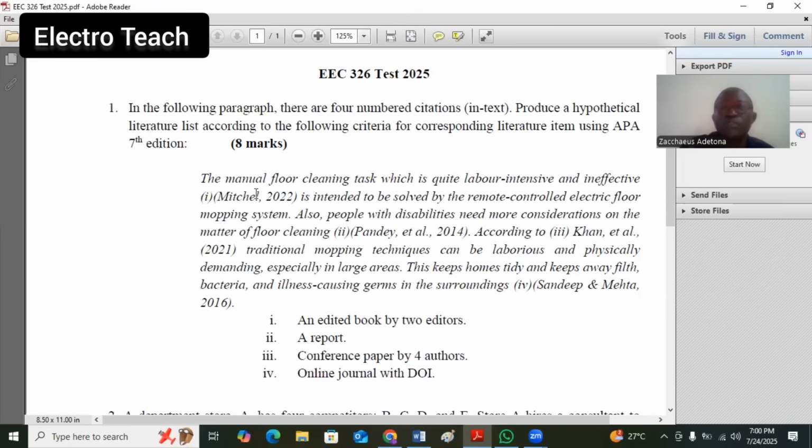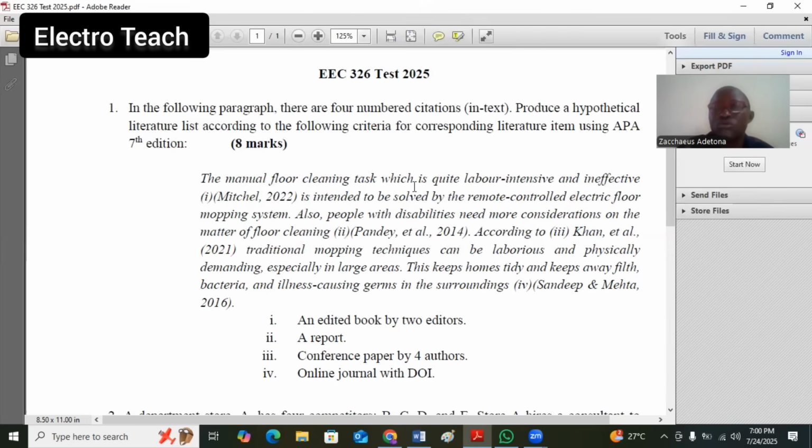So we have the paragraph. The paragraph states the manual floor cleaning task, which is quite labor intensive and ineffective. For citation is the Chair 2022. That's number 1. Is intended to be solved by the remote control electric floor mopping system. Also, people with disabilities need more considerations on the matter of floor cleaning. Number 2, citation, and D, et al. 2014.